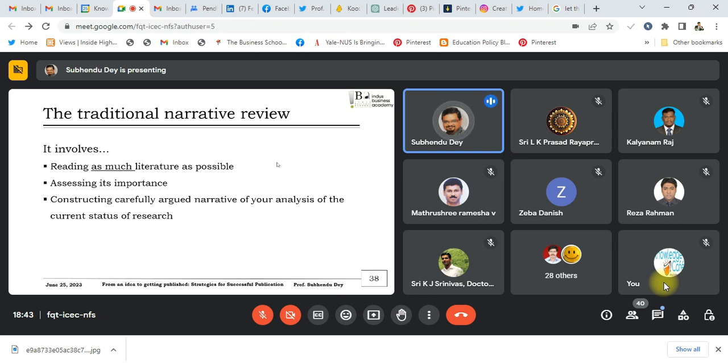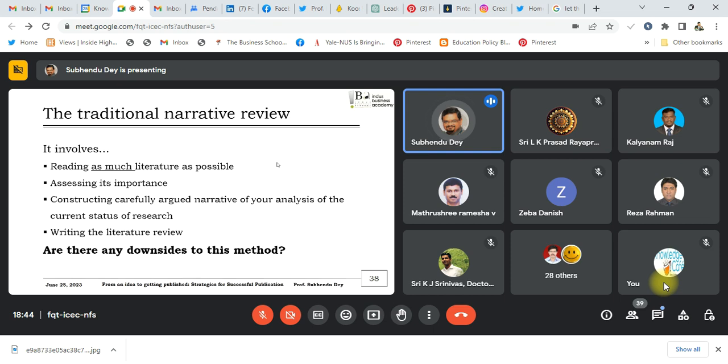But if you recall, yesterday I was talking about how many times young researchers can get swayed by certain literature that they read and do not really start contradicting that. So you have to be a little careful about it, and then of course writing the literature review. Now let me take you to a very interesting story.